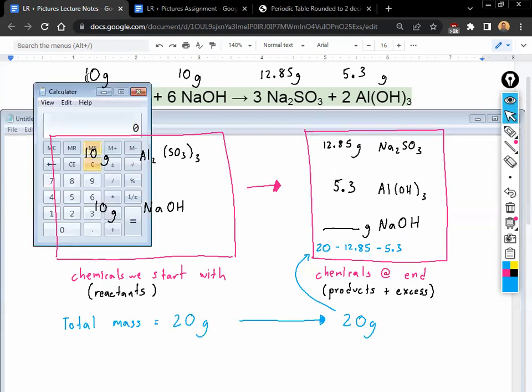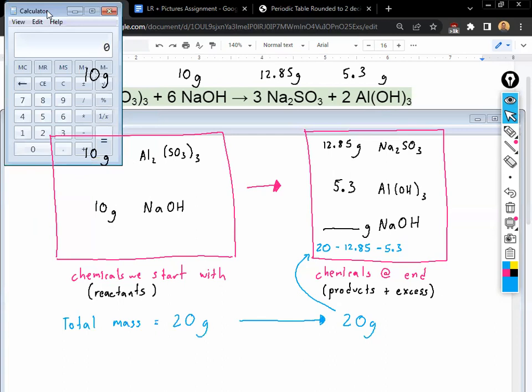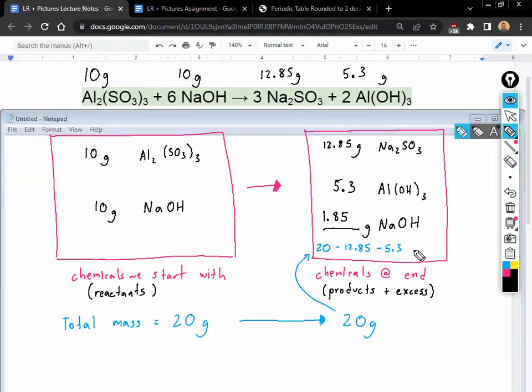So just need to go to our calculator, and then we're going to do 20 minus 12.85 minus 5.3, and so our final answer is going to be 1.85. And so that is how you find out how much excess you have left over. Okay. So this is going to be leftover chemical. And that's it. That's what you need to include for your drawing.